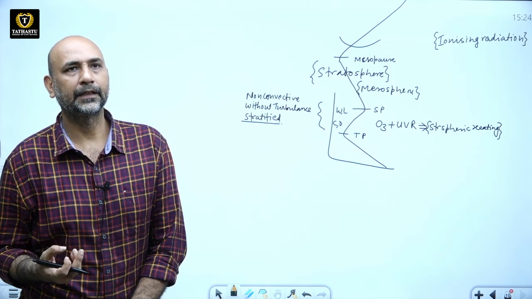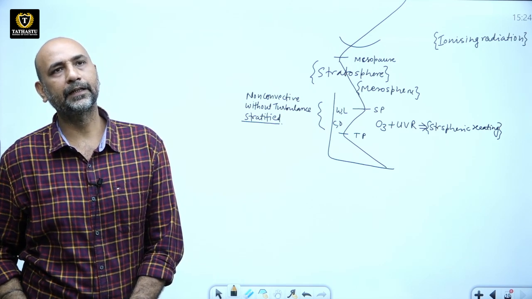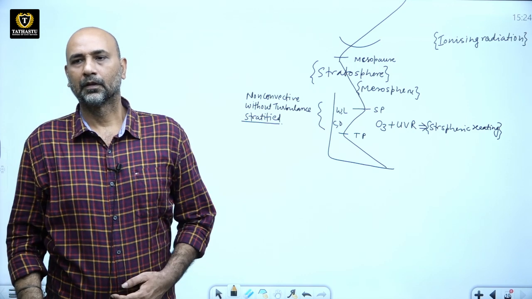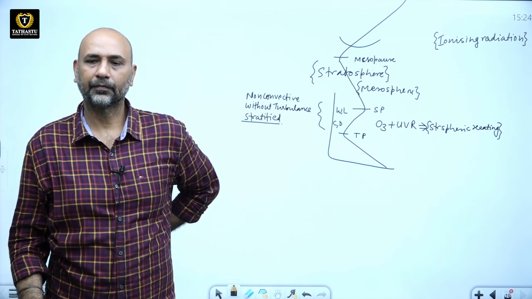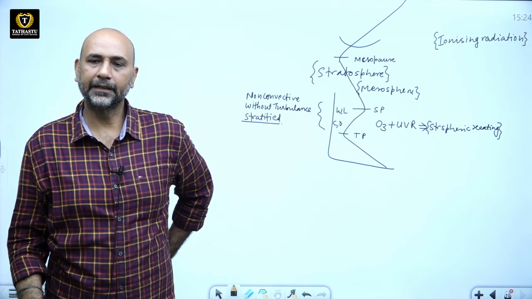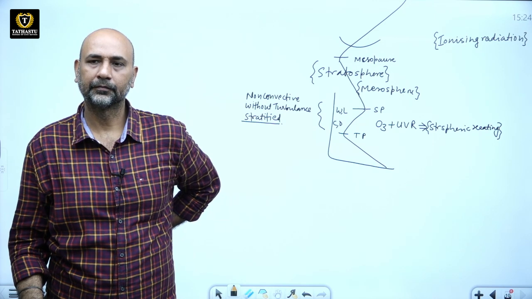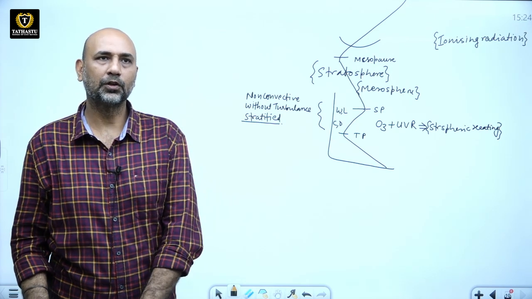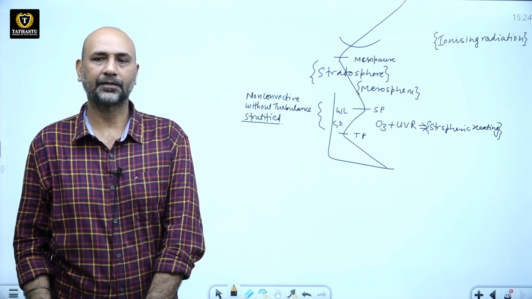High frequency ultraviolet radiation is ionizing radiation. With high energy, ionizing radiation is the source of excluding electrons.